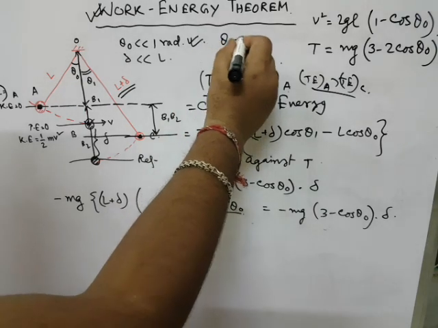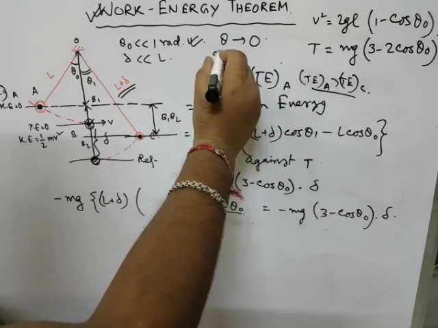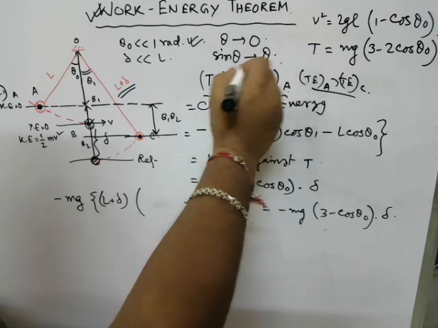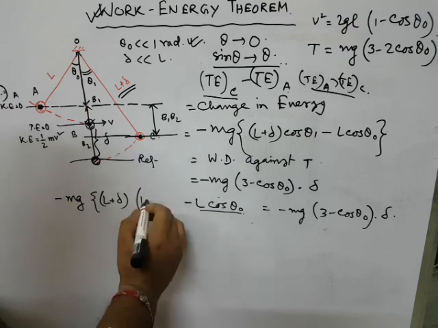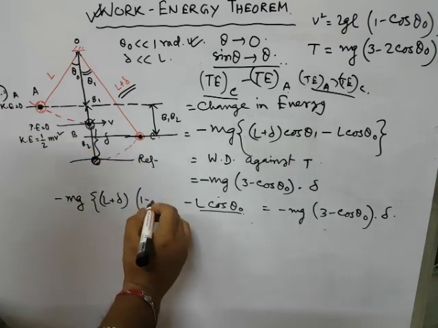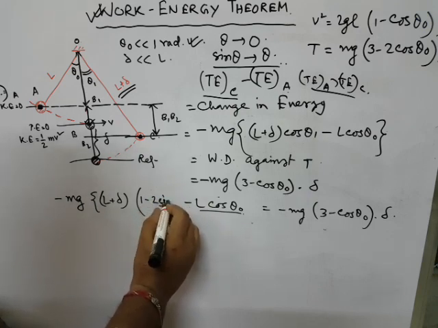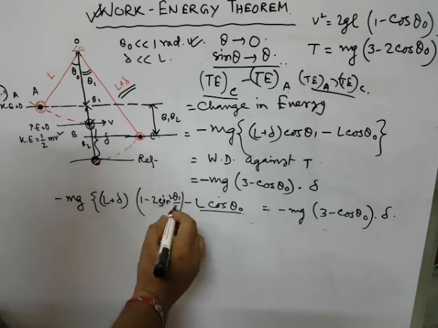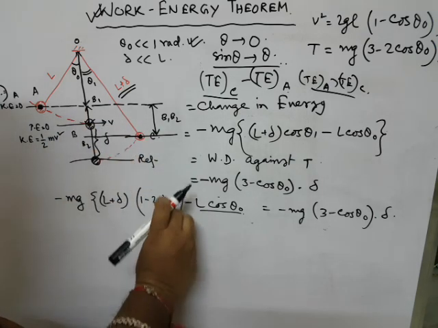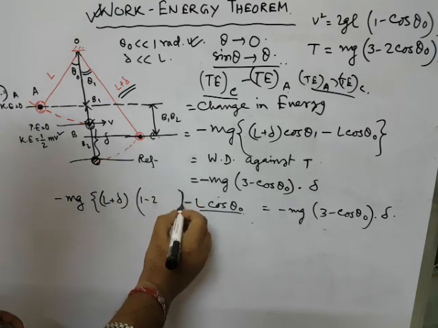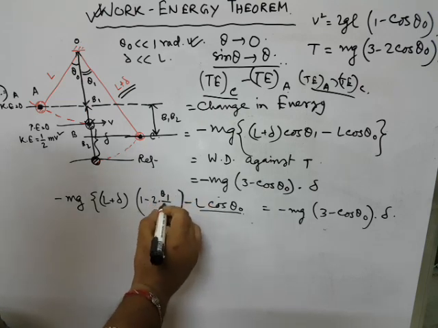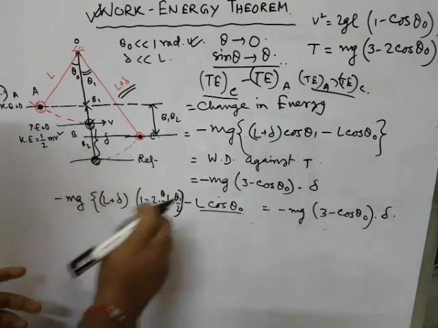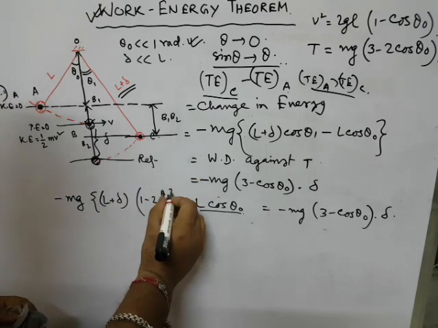When theta tends to 0, sine theta is approximately equal to theta. We know cos 2 theta is equal to 1 minus 2 sine square theta. So for cos theta 1, we get 1 minus 2 sine square (theta 1 by 2). And sine square (theta 1 by 2) is approximately (theta 1 by 2) into (theta 1 by 2), that is theta 1 square by 4. The 2 and 4 reduce, so we get cos theta 1 equal to 1 minus theta 1 square by 2.